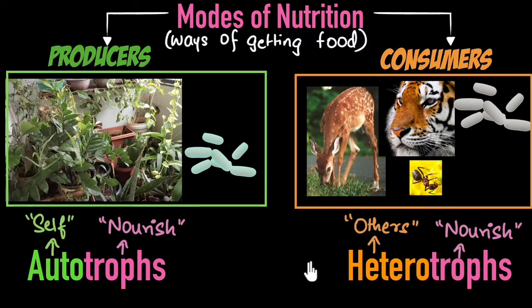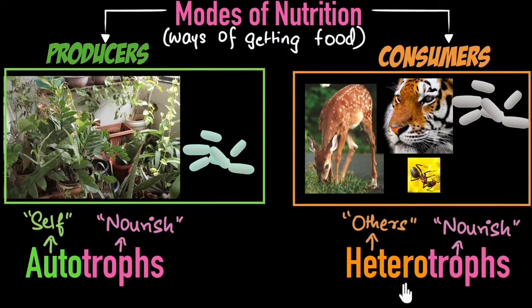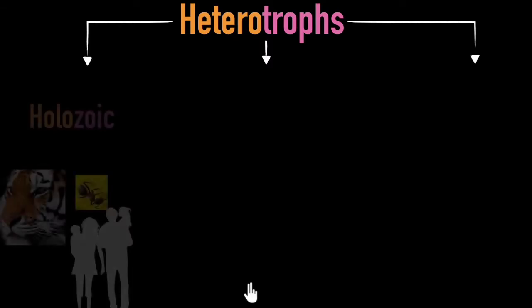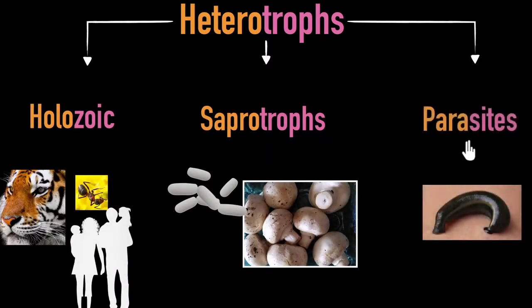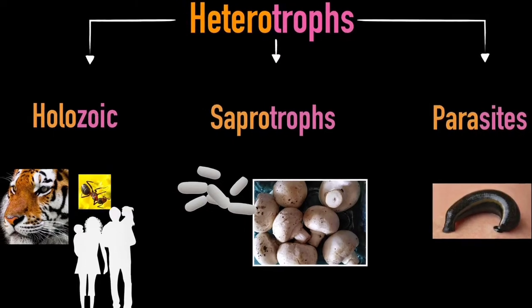Now guess what? Based on how heterotrophs eat, we can further classify them into three categories: Holozoic, Saprotrophs, and Parasites. Again, let's look at each one in detail.